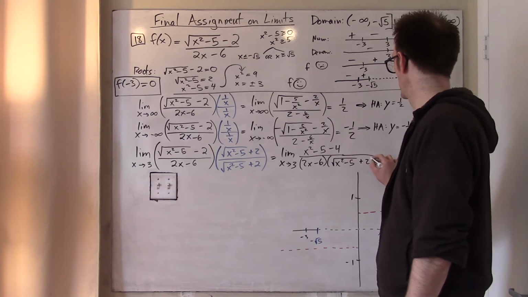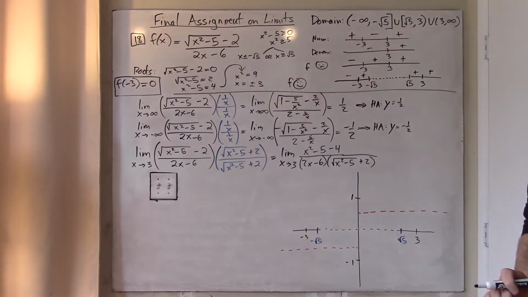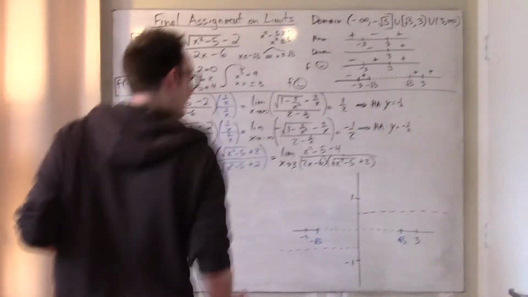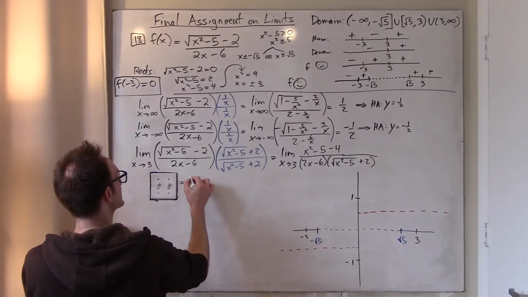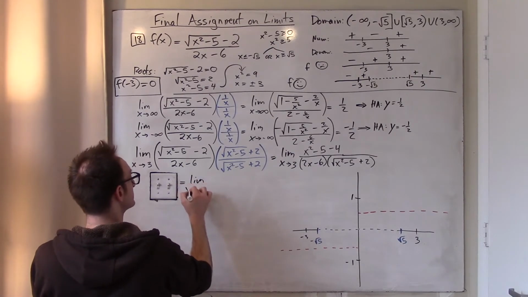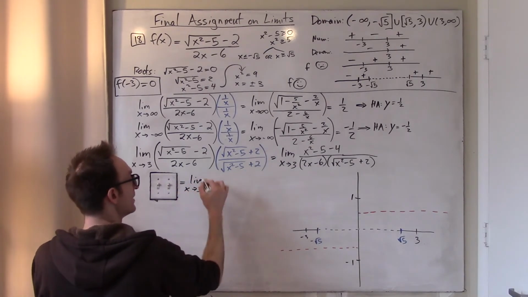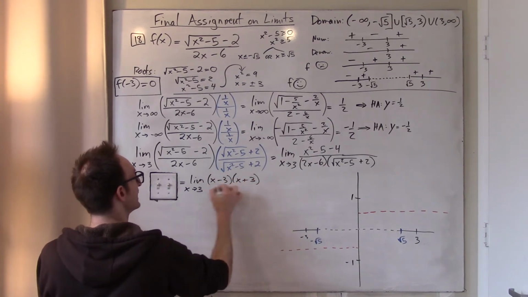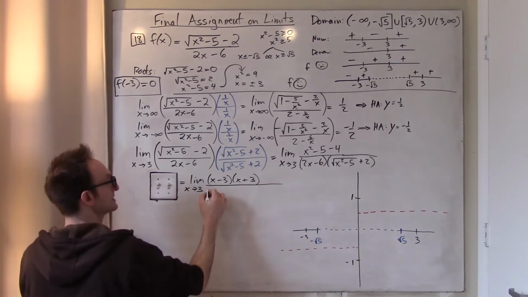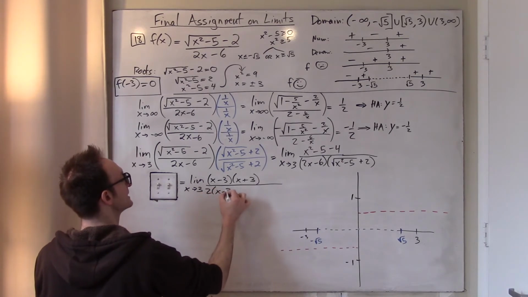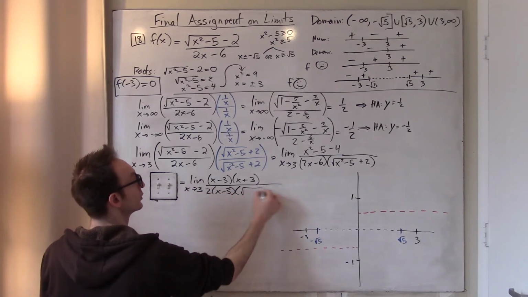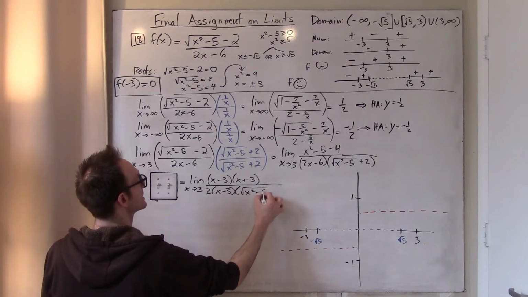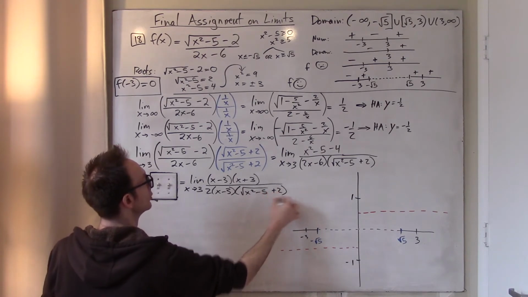Alright, well, I think you see where this is going. That's x squared minus 9 on the top, so I can cancel that. So I get limit as x approaches 3, on the top I get x minus 3, x plus 3, and on the bottom I get 2 times x minus 3 times root x squared minus 5 plus 2.